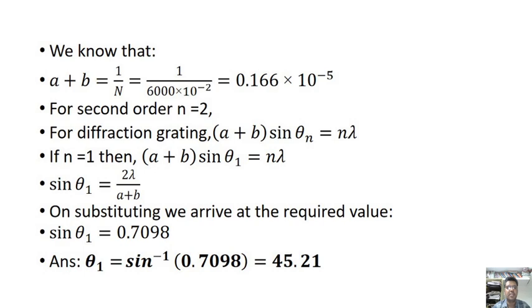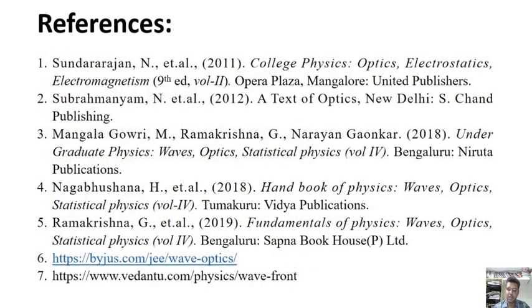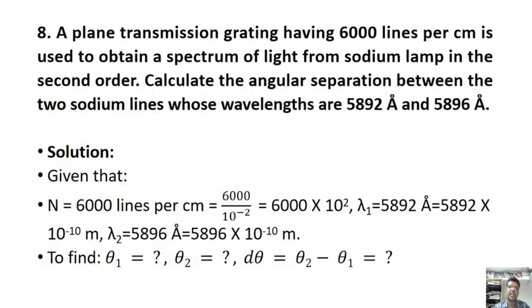Sin theta 1 is equal to 0.7098. So the sin inverse of this value is approximately 45.21. So this 45.21 is the theta 1 value. Knowing this theta 1 value, we can calculate theta 2 in the same way.